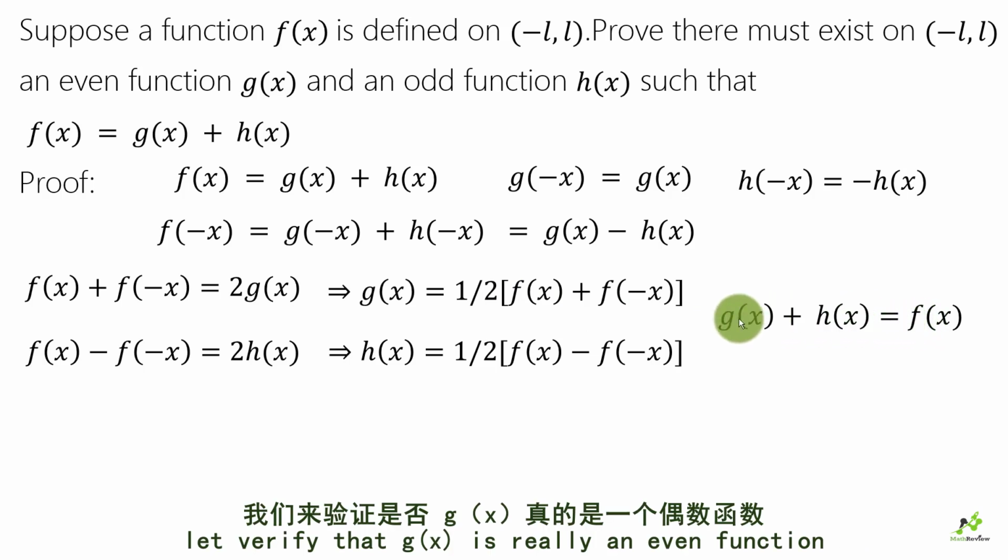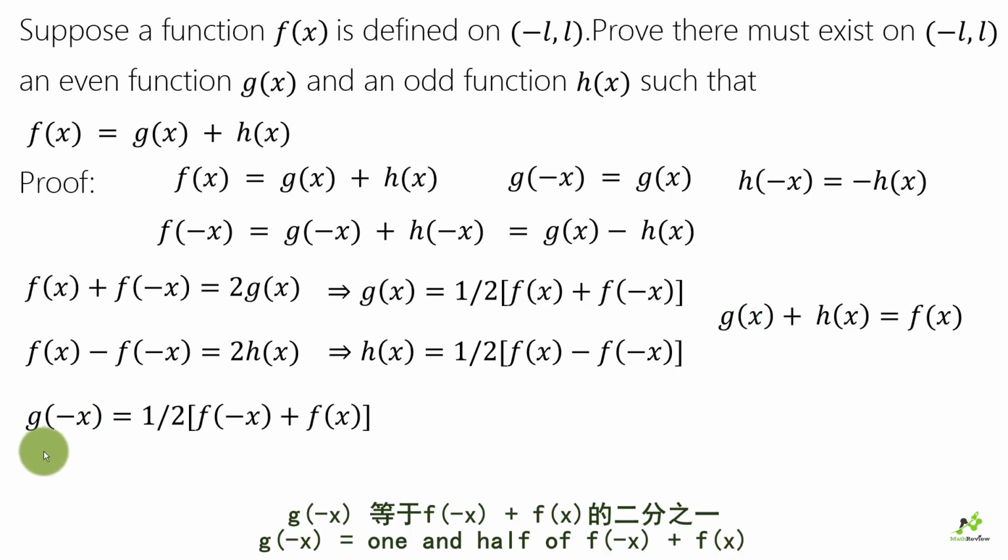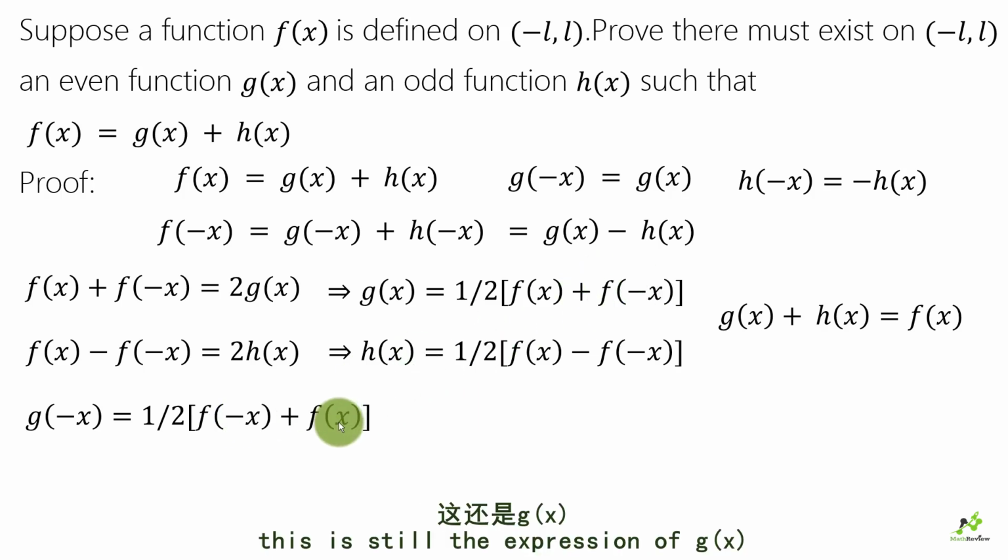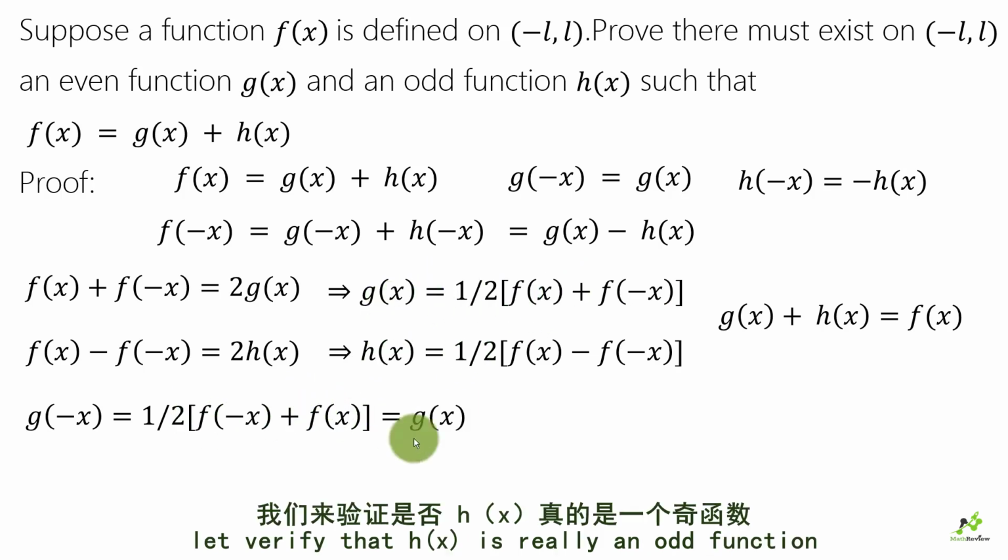Let's verify that g of x is really an even function. g of negative x equals 1/2 of the sum f of negative x plus f of x. This is still the expression of g of x.